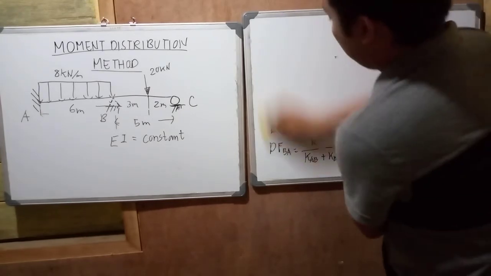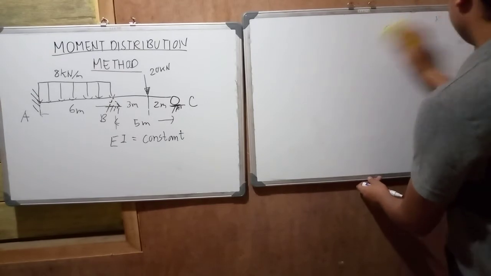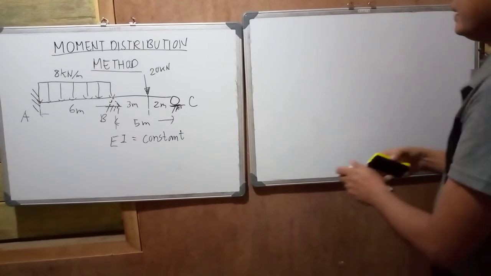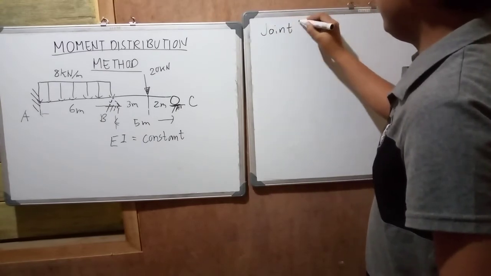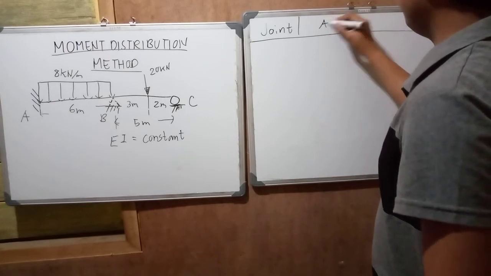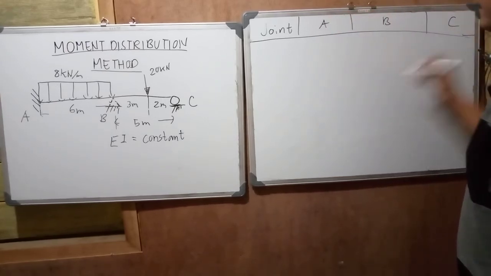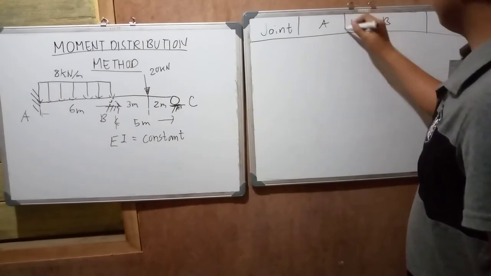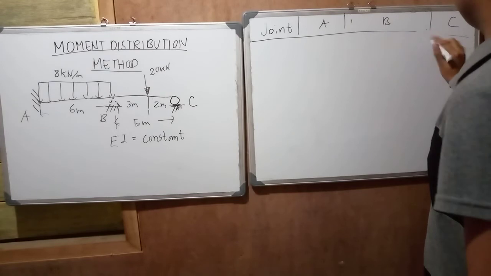Okay. So, then again, let's proceed drawing the table. So, we have joint A, B, and C. Okay. So, we have members, different members.